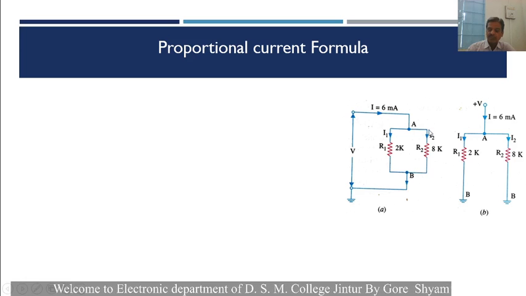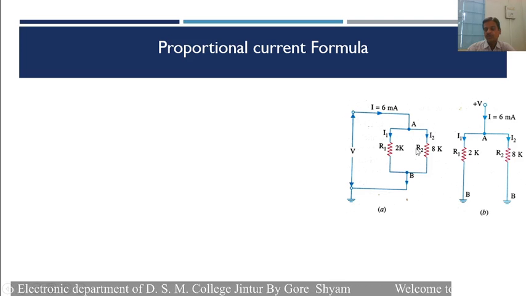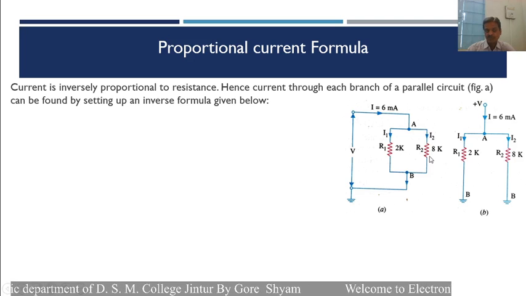Means in these branches, the current depends on the resistance. If the resistance is less, current is more, and if the resistance is more, current is less.